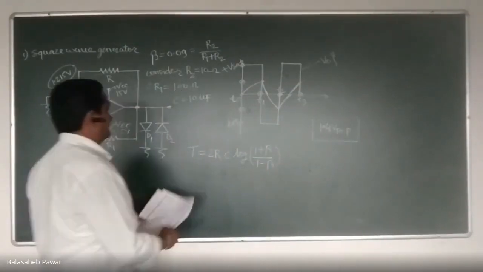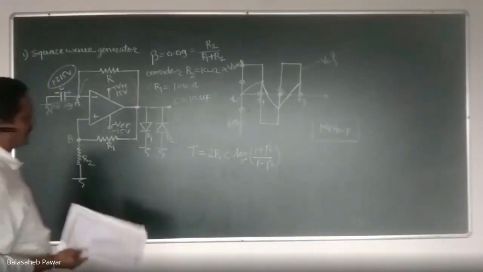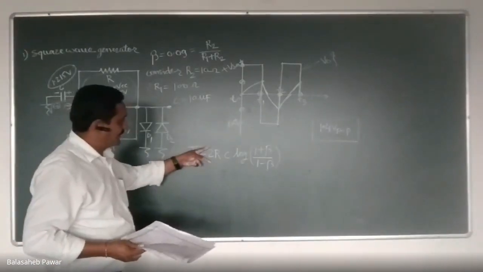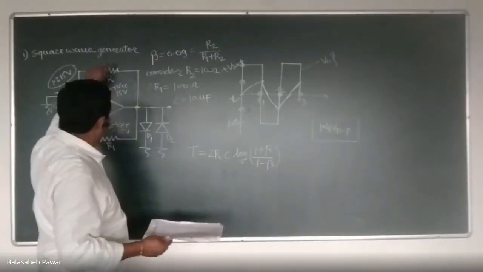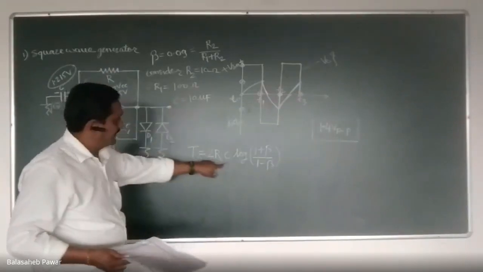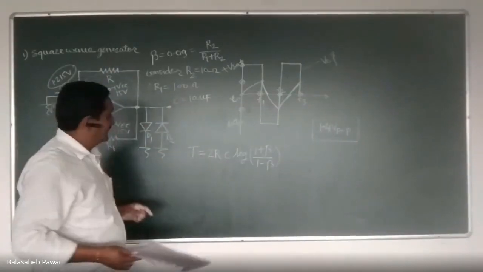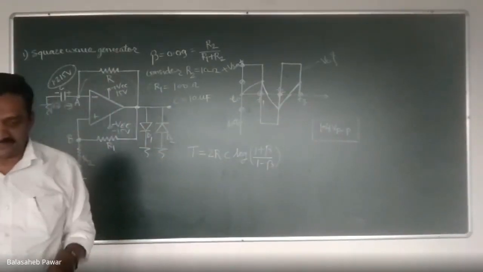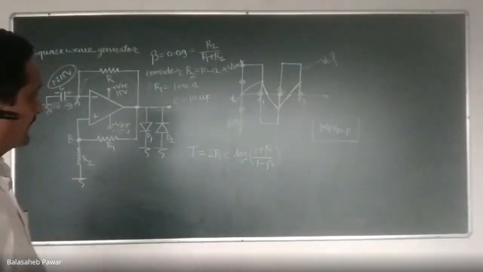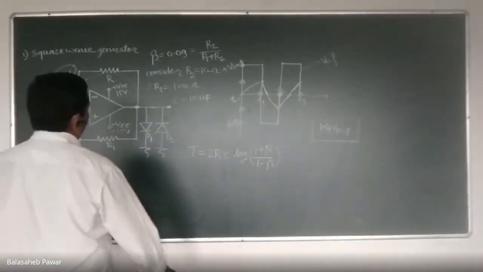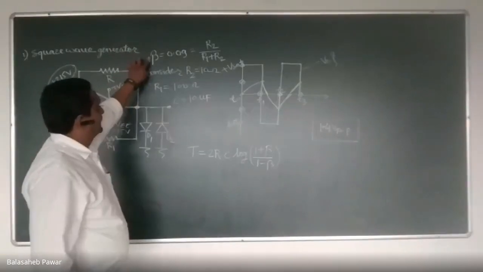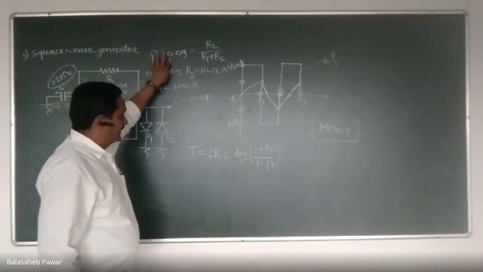Note it down. R is nothing but the feedback resistor, this one. C is the capacitor connected at the inverting terminal. Beta is the feedback factor, here we consider it as 0.09.